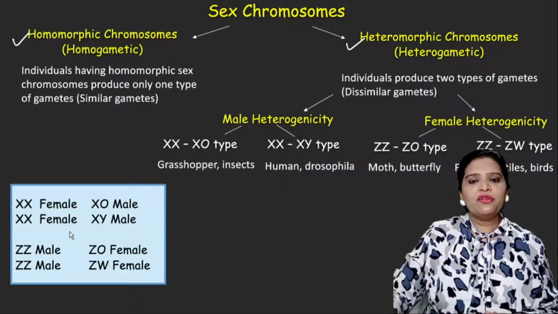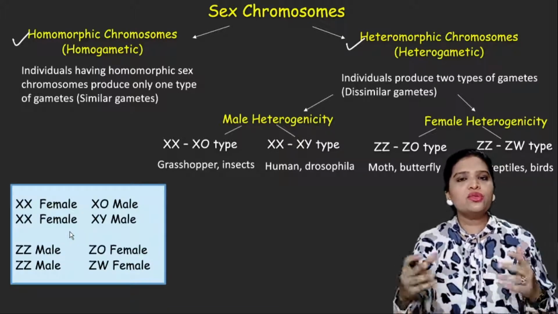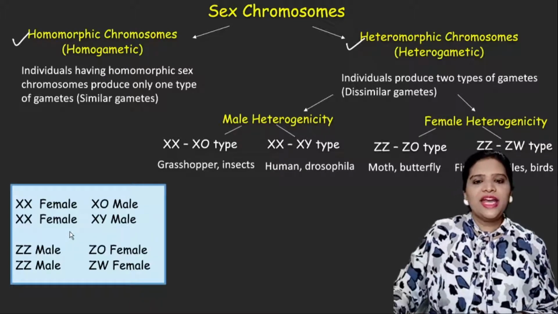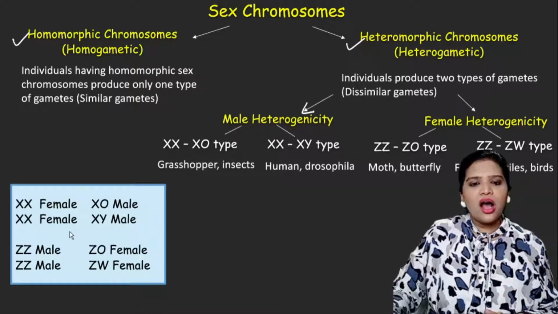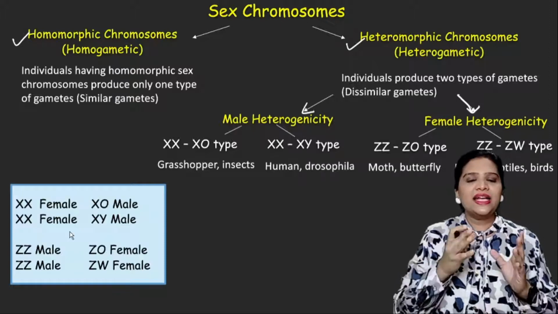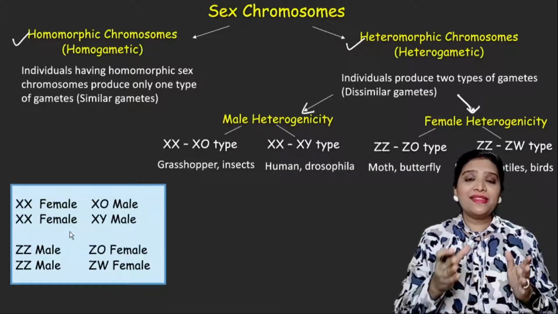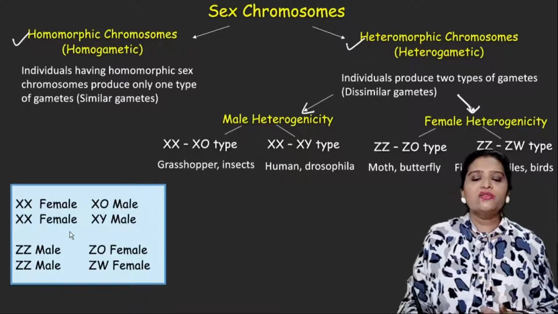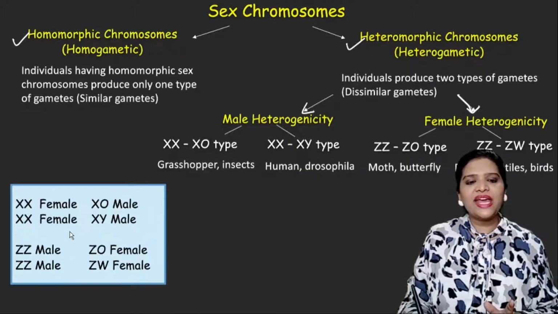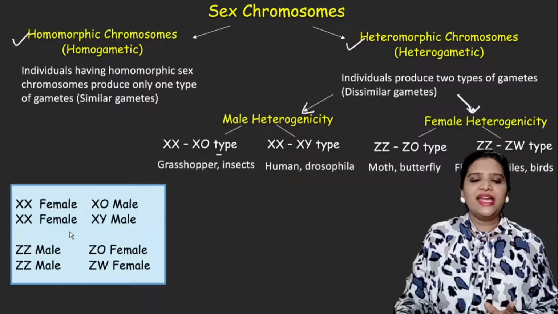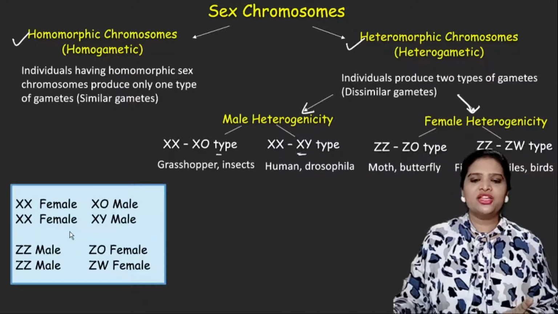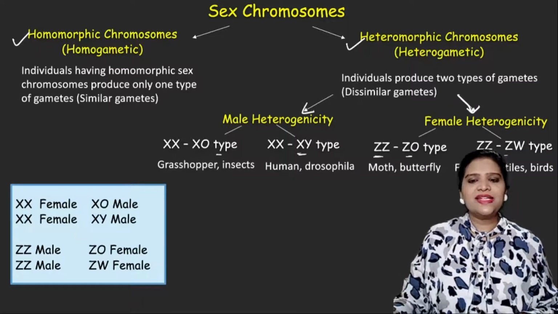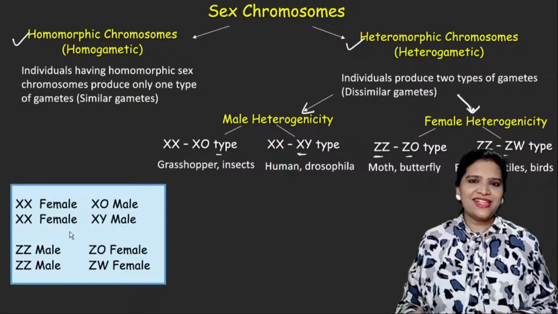And heteromorphic means externally the chromosomes look different and the gametes produced are also different. The heteromorphic chromosomes have two broad categories, those which determine male heterogamety and those which determine female heterogamety. For male heterogamety, we have XX, XO type and XX, XY type of sex determination, and for female heterogamety, ZZ, ZO type and ZZ, ZW type, and we have seen the examples also.